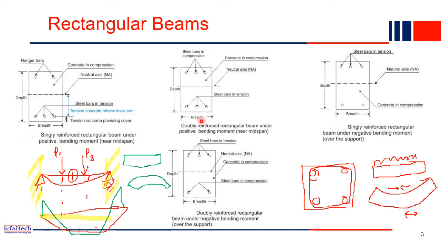Now you can ask, concrete can take compression force, right? Then why do we need to provide steel? Because sometimes the load on a structure is very high. When the load is very high, the compressive stress also will be very high, and whatever concrete is there may not be sufficient to take care of the compressive force.